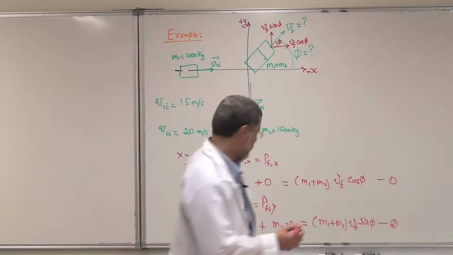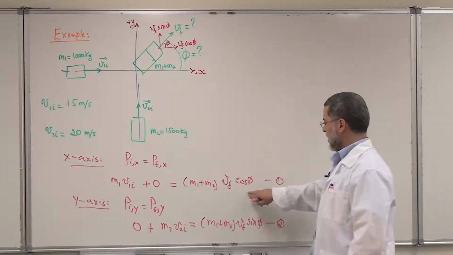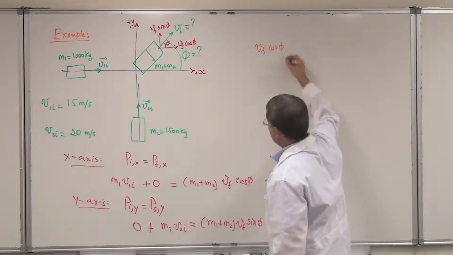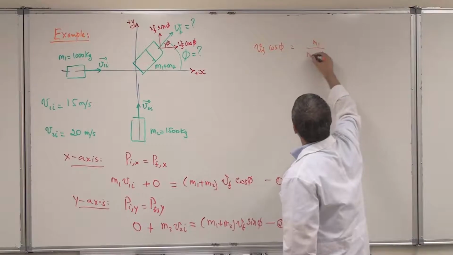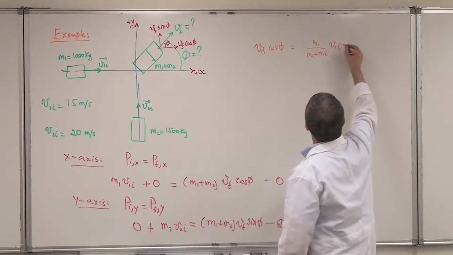So I can get v final cosine phi from here: it equals m1 over m1 plus m2 times v1 initial.